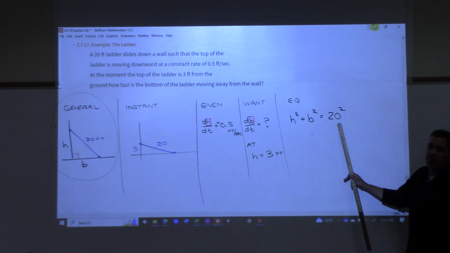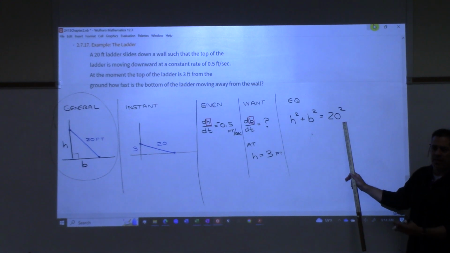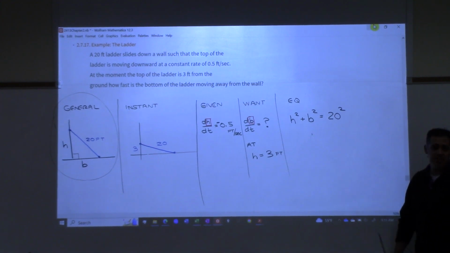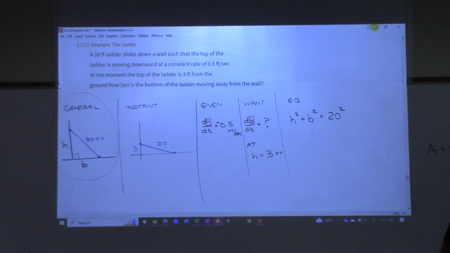Now, we don't put c squared here because actually the hypotenuse is always 20, isn't it? It never changes. So we can actually assign that constant. In fact, you don't want a c there because you'll have the same problem you would have had here. What's dc/dt if you took a derivative? You don't know. Got it? All right, that is an equation.